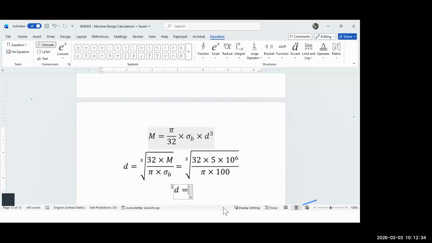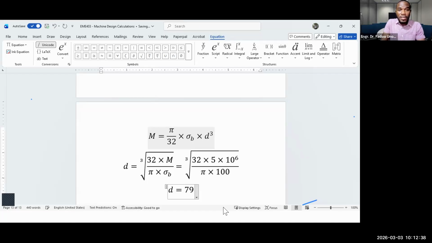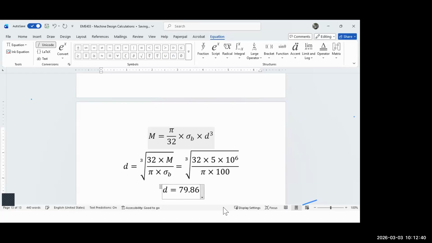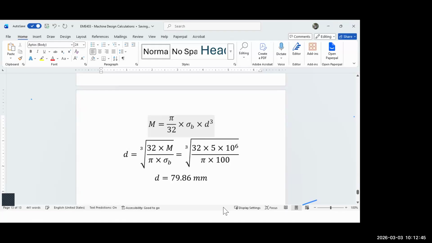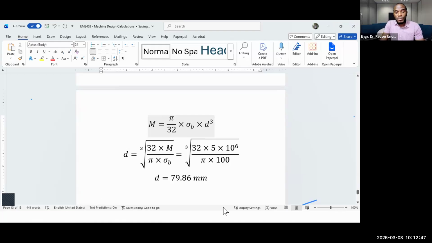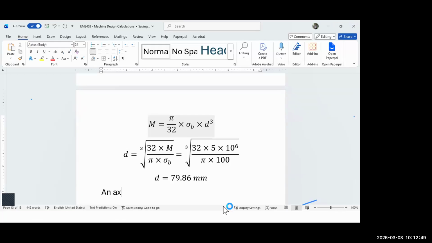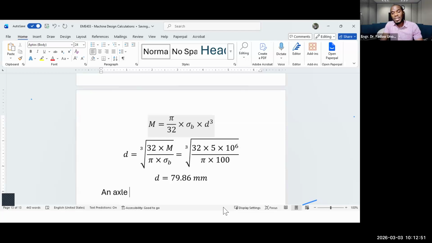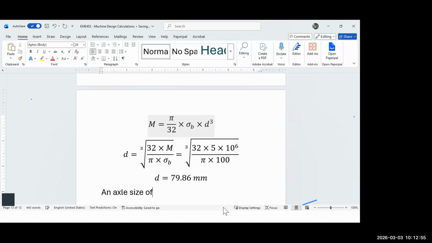It's 79.86 millimeter. That's better. 79.86 millimeters. Okay. So based on the standard shaft sizes, what size should we select?